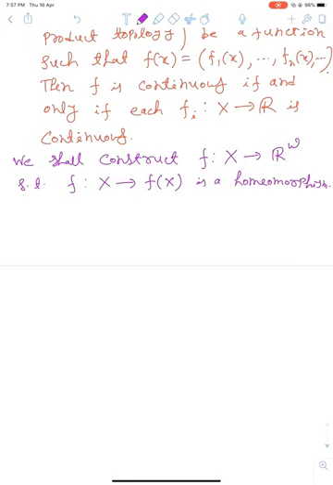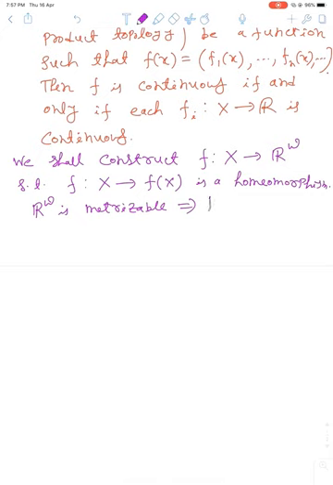Why? Because we know that R omega is metrizable, right? Now that implies, what is f(X)? f(X) is a subspace of R omega. Now being a subspace of a metrizable space, f(X) is also metrizable, right? Now again, what is my f? f from X to f(X) is a homeomorphism, right? That's when X and f(X) are homeomorphic.